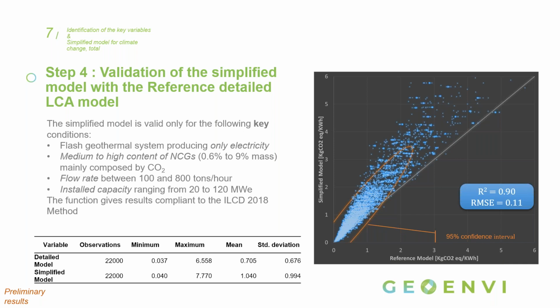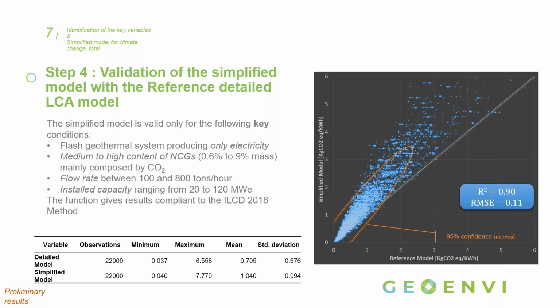Also the flow rate is between 100 and 800 tons per hour, with an installed capacity ranging from 20 to 120 megawatt electric. And as I said, this function will give results complementary to the ILCD 2018 method.